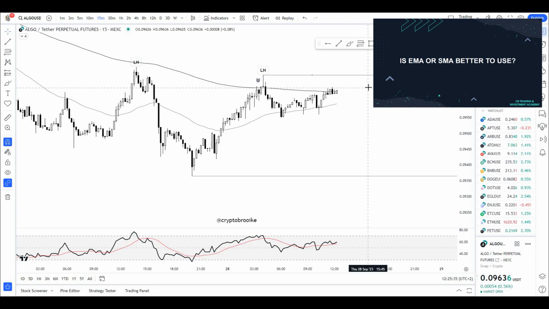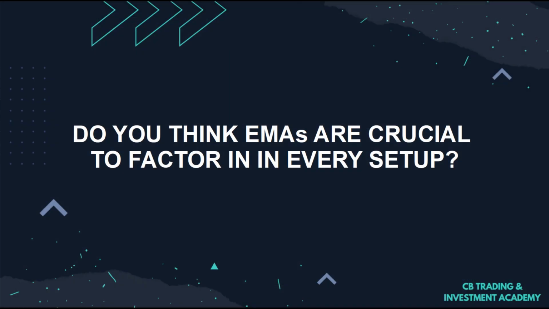But like I said, in my opinion, there is not a better one than the other. Some people like to use EMA, some like to use the SMA. And I think CB, I think we both use EMAs. Now I'm not saying they're crucial. It's just I use them a lot.